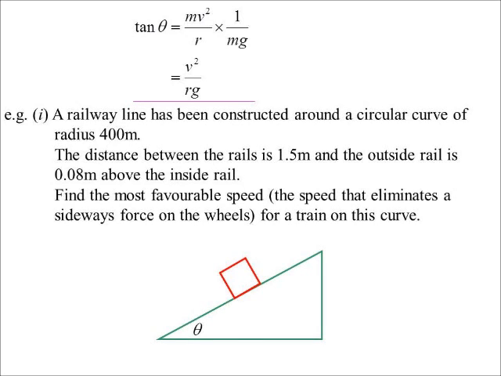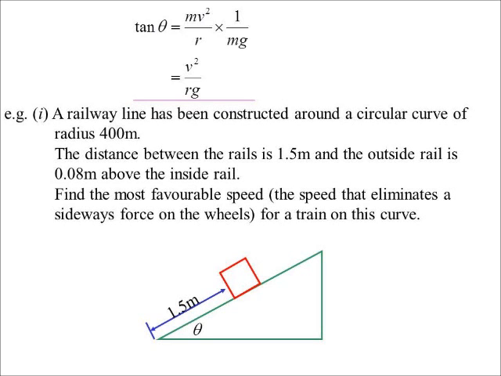There's my outside one. I guess my little red box is representing the train in this case. But I know it's 1.5 metres up the bank, because that was the distance between our two wheels, or the rails. Well, same distance, because you would hope the wheels are on the rails. And we know it's 0.08 metres up. So from that, we can work out the angle, because we can use some trig and find the actual angle that's banking.